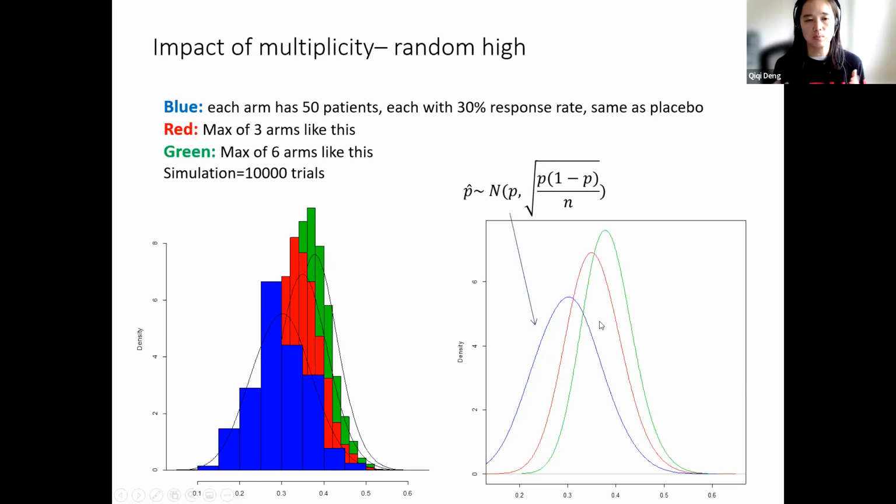So as you can see, once you add more and more possibilities for success, your distribution is actually shifting. That introduces a bias. And if you're just using the best out of the 3 doses as the test arm to be compared to the placebo, you're going to find out it's better than placebo, not because it's working, but because you're cherry picking.